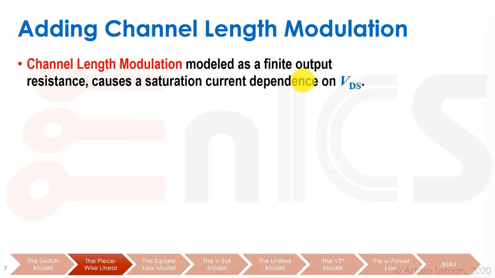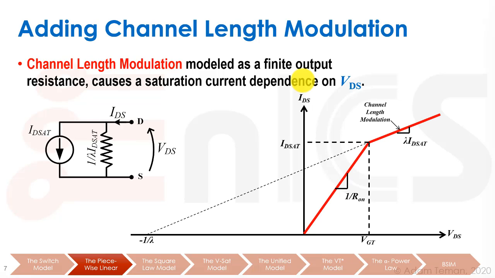The more we raise VDS, the shorter the channel becomes, and then the VDS voltage falls on a shorter length and gives us more current. So we can take, again, a piecewise linear model, with our regular 1 divided by R on slope, and once we get to pinch off, instead of having a 0 slope, we have a slope equal to lambda IDSAT, where lambda is the channel length modulation coefficient.